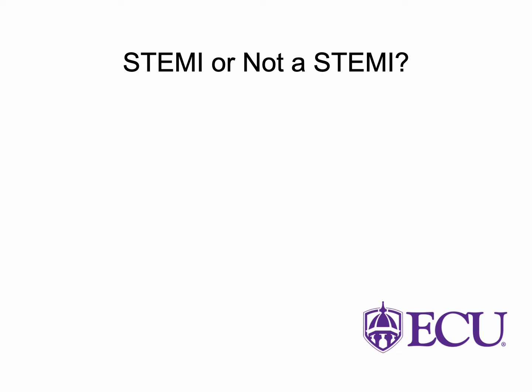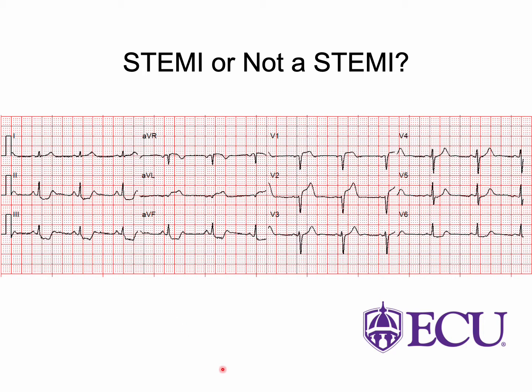Here's another example. STEMI or not a STEMI. Take a second, take a look, and see what you think. So again, just eyeballing this, looking at obvious things that look kind of funky.